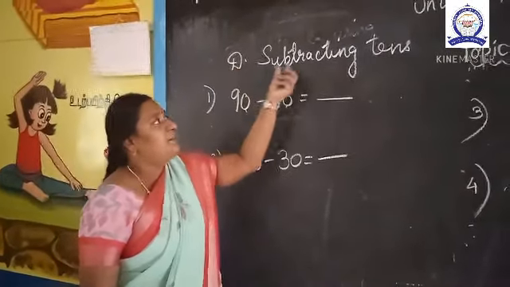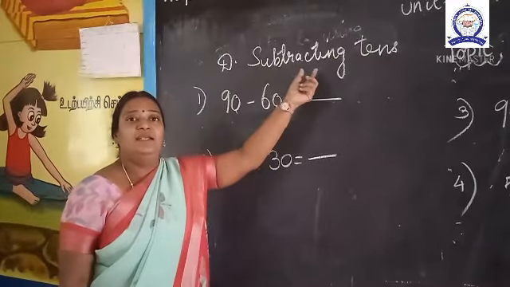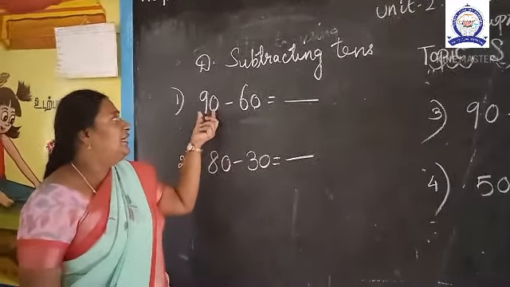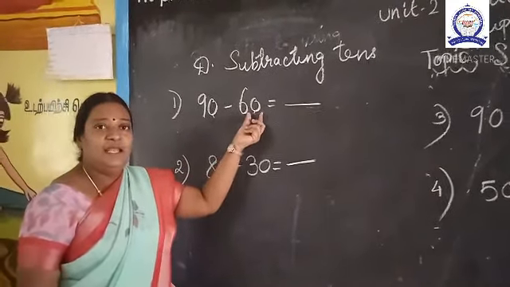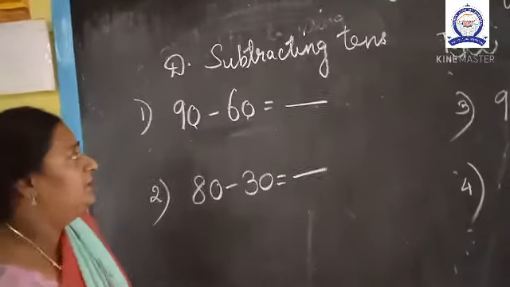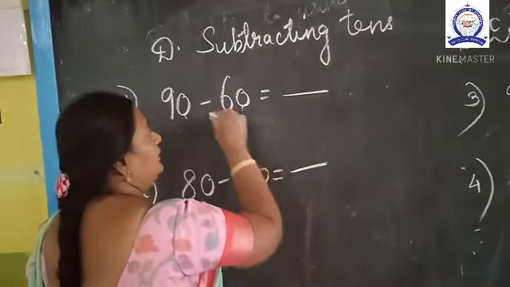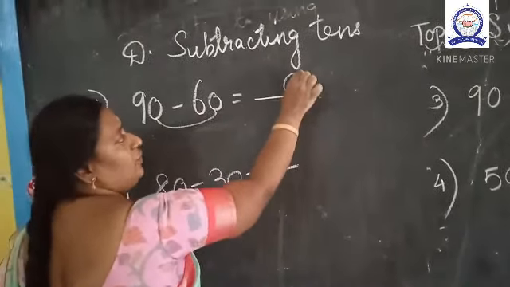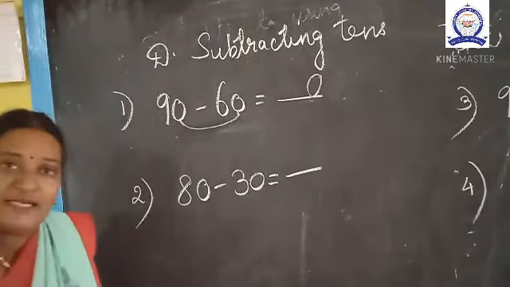Next, subtracting tens. Subtracting tens. Okay. So listen. First question. 90 minus 60. 90 minus 60. So we can do it using two methods. Listen. Subtract the ones place digit. This is the ones place digit. 0 minus 0 is 0. Subtract the tens place digits.